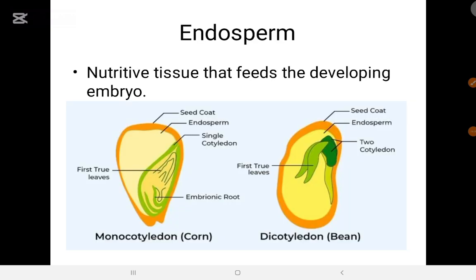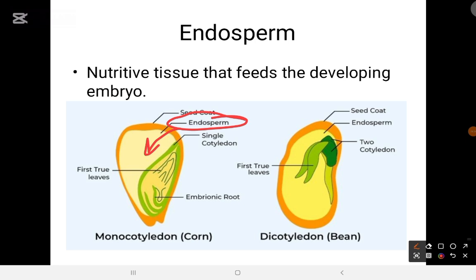Then the endosperm is the nutritive tissue that feeds the developing embryo. As the embryo develops, it feeds on the endosperm. So this is the endosperm here. It's just the food reserve of the embryo.